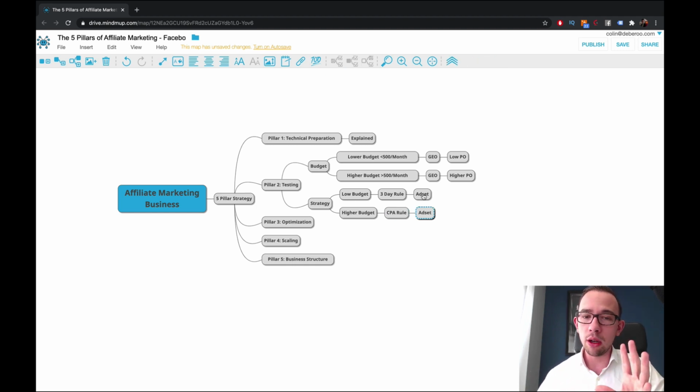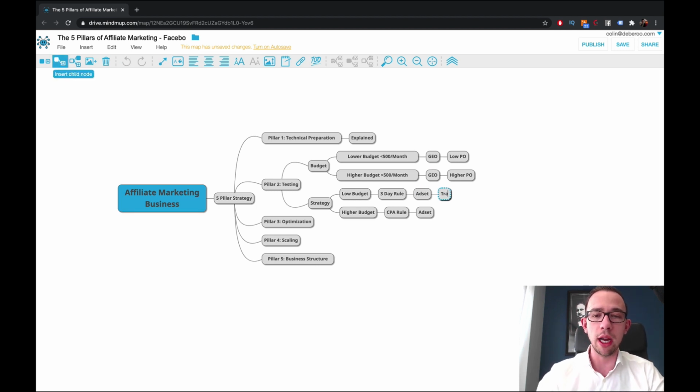Okay, so this we see in Facebook, but this we also want to see in our tracker, right? And this is where the Deborah suite comes in again, because we need ad tech software to track all these things, because we want to look at a lot more things than what Facebook shows us.